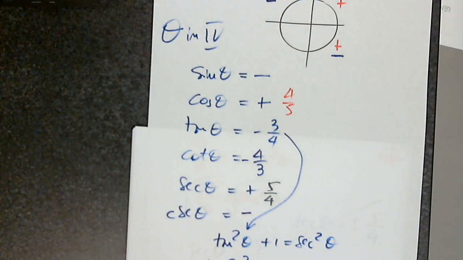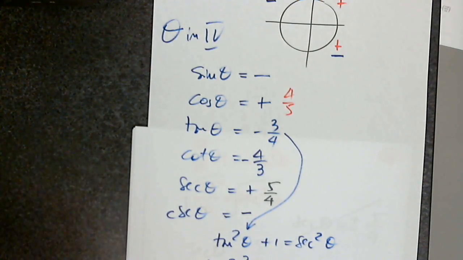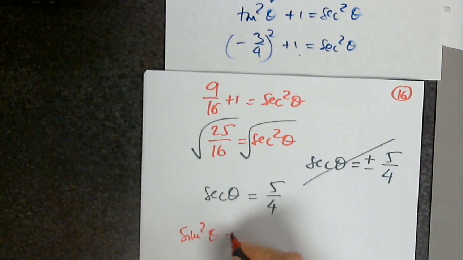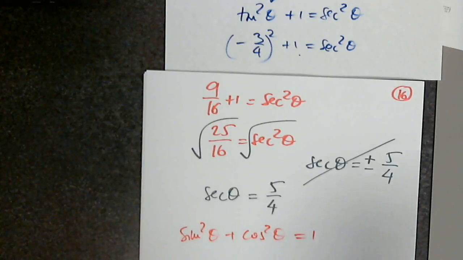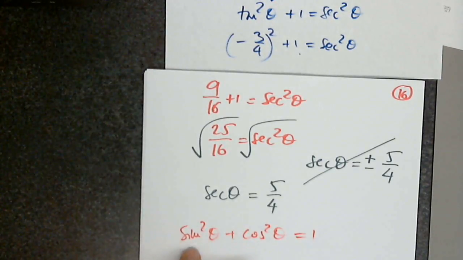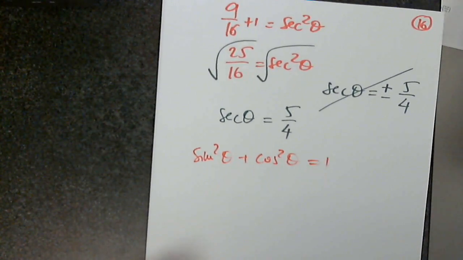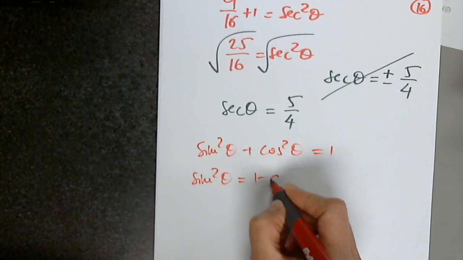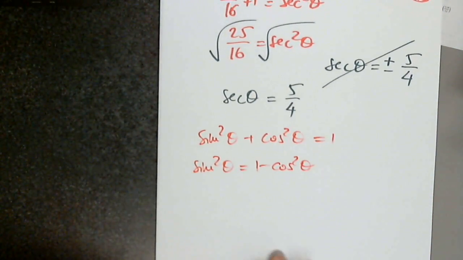If I have cosine, which other function can I determine right away because they are connected within an equation? Exactly. So I know that sine squared plus cosine squared equals 1. I have cosine squared and cosine, but I want to determine sine. What do I do? Yeah, isolate. Yes. So I have sine squared theta equals 1 minus cosine squared theta.